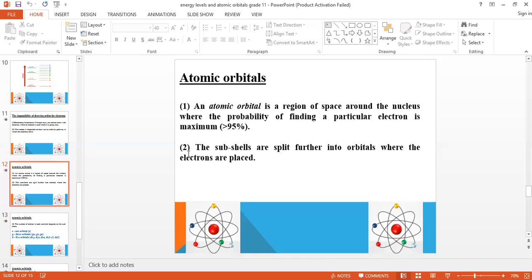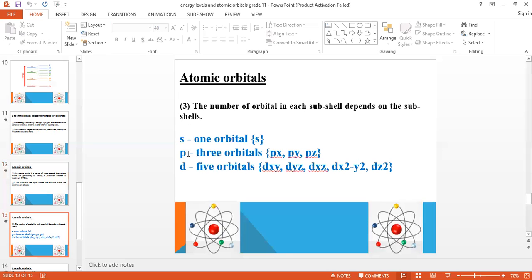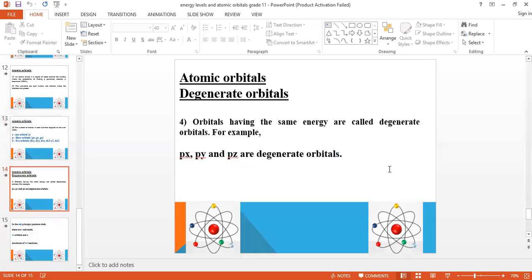So how many orbitals for each? 1, 3, 5 and 7: 1 for S, 3 for P, 5 for D, 7 for F. You need only the number here. D how many? 5. In grade 12 you will study dxy, dyz, dxz, dx square minus y square, and dz square.